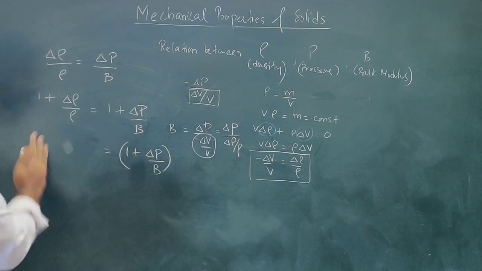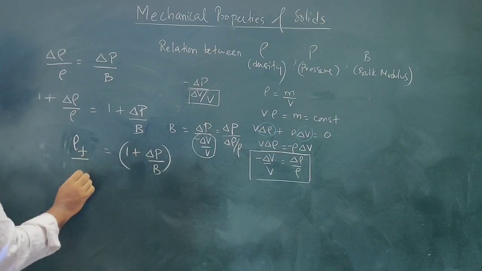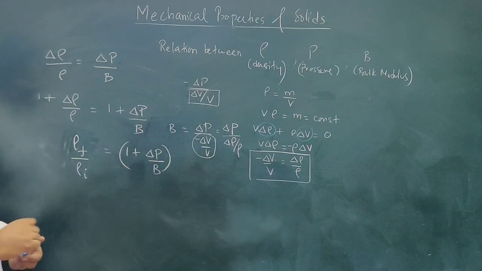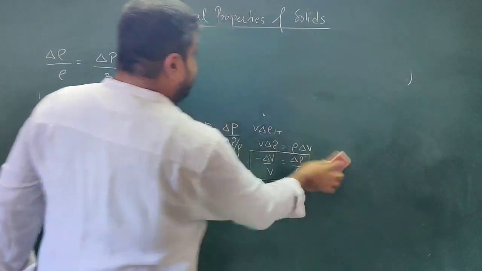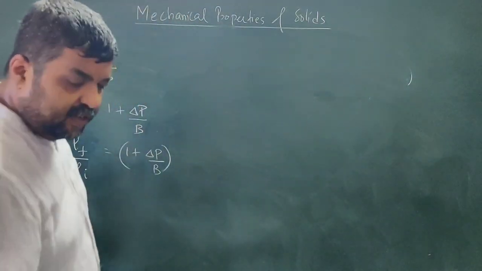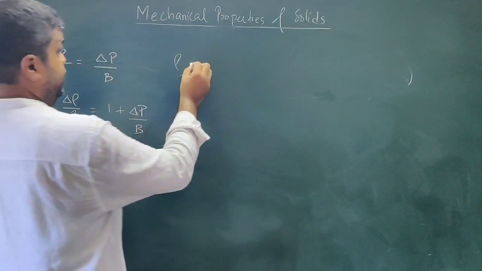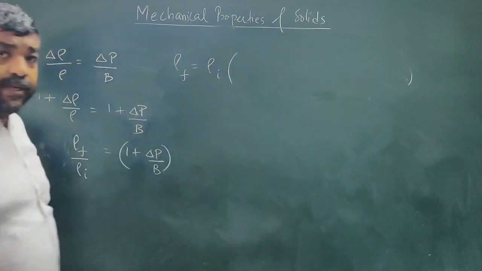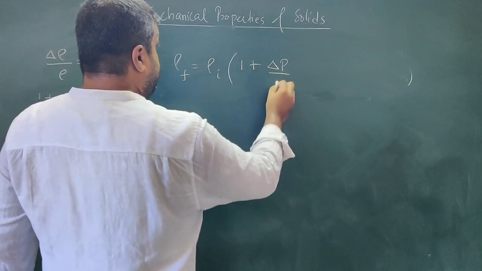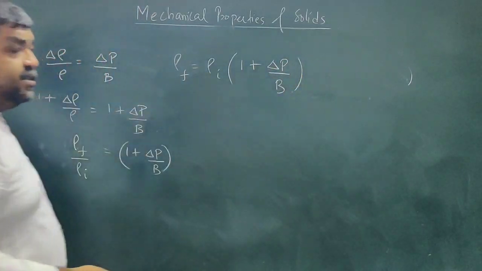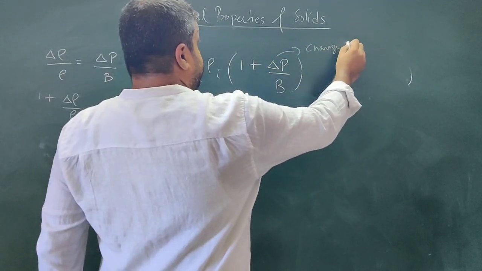So this expression can be written as rho final by rho initial is equal to this quantity. So I can write the final result: rho final density is equal to rho initial density into 1 plus delta P by B, where delta P is the change in pressure.